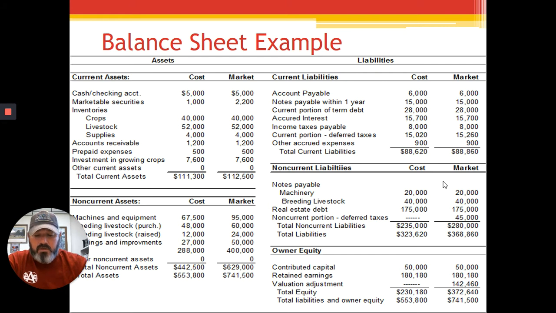You could do this example here, taking 111,300 and, excuse me, subtracting 88,620, and you would have about $22,680 available in cash in working capital to do different things. So you have to make a decision on what to do with that money, if you need to make any decision at all.